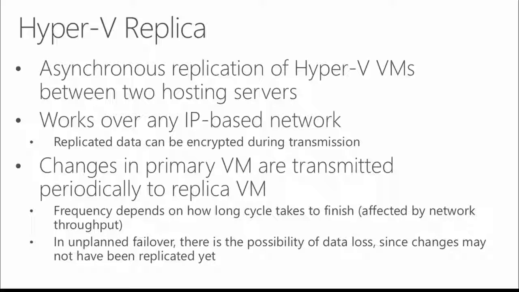Otherwise, you could lose both VMs, your replica VM and your original, and the point would be moot in the first place. It works over any IP-based network, and it takes a virtual machine and creates a replica of it. As changes are made on that virtual machine, it updates those changes at a certain frequency to that second one.